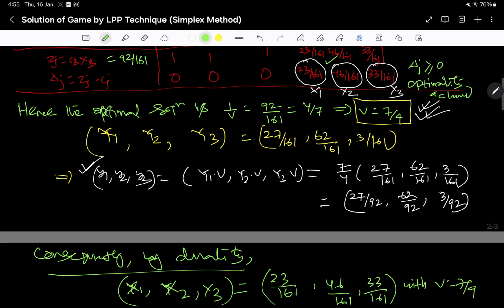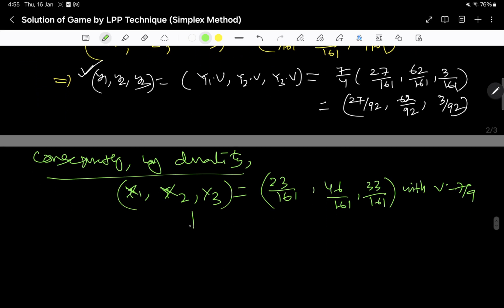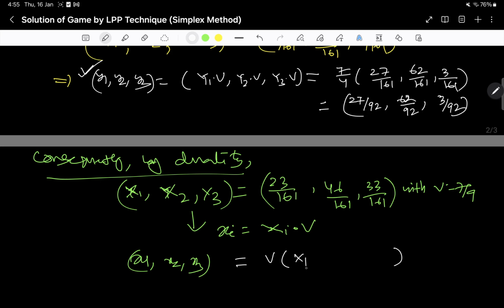V is my 7 by 4. But what is my x1, x2, x3? Here small xi is equal to capital Xi into V, as we said here. So my x1, x2, x3 will be equal to V into this x1, x2, x3.